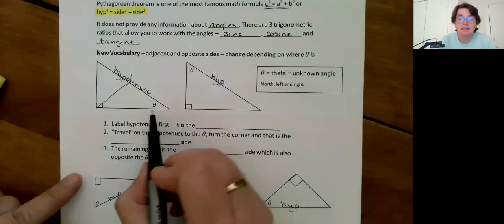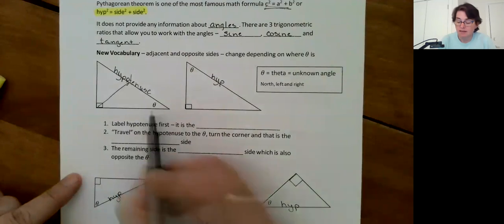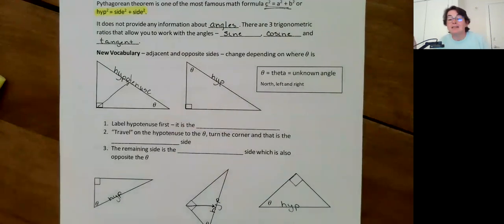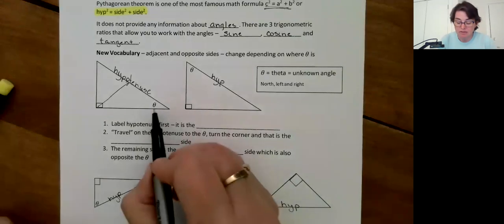Well, 90% of the time, there's this cool little symbol here, okay? And that symbol is called theta. And in geometry, we use it for the unknown angle. Just like when you do algebra, they usually use x as the unknown. I mean, you can use any letter, but a lot of times you use x. Well, in geometry and trigonometry, you can use any letter, or any symbol, a lot of times you use a Greek letter, theta.